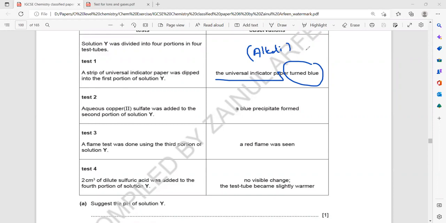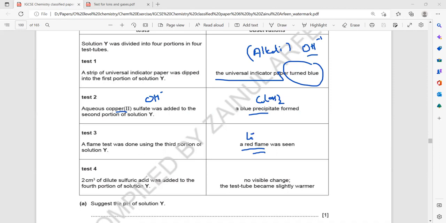So what are alkalis? Alkalis are soluble bases, usually hydroxides. That indicates there is hydroxide. This also indicates it, because when copper combines with hydroxide, it will form copper hydroxide, which is a blue precipitate. And when the flame test was done, this hydroxide is a lithium hydroxide.